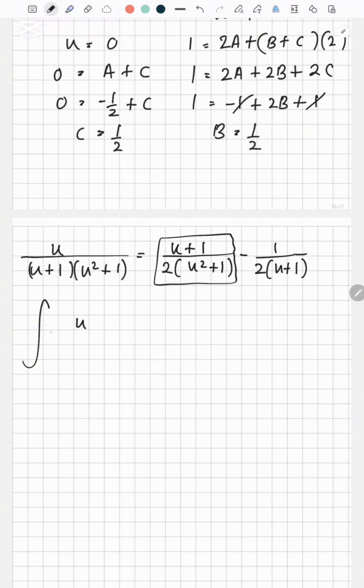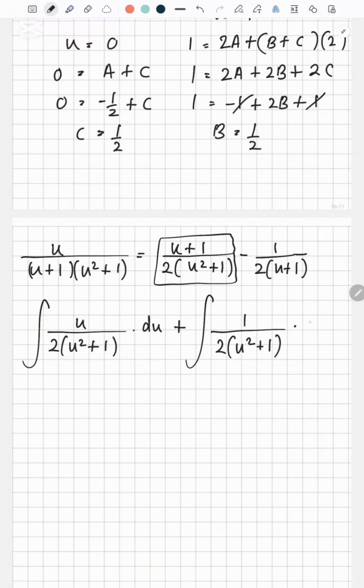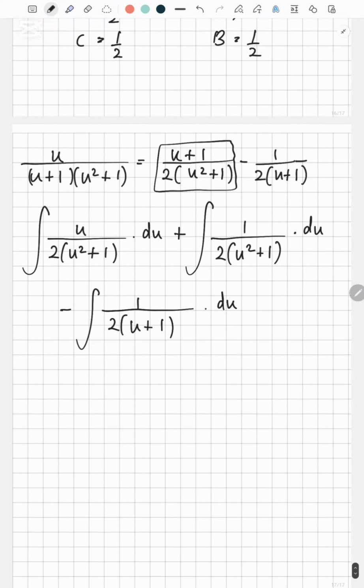So you can write it as u over 2 into u squared plus 1 du, plus the integration of 1 over 2 into u squared plus 1 du, minus the integration of half, so I'll just write it as 1 over 2 into u plus 1 du, right? Okay, so we have 3 separate integrations. It's not that hard.